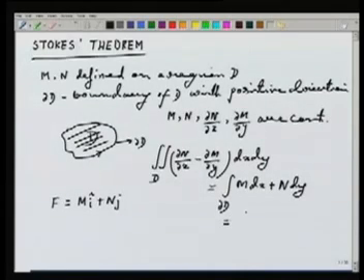Then this is nothing but the integral over delta D of f dot ds. Okay, this is the usual line integral.